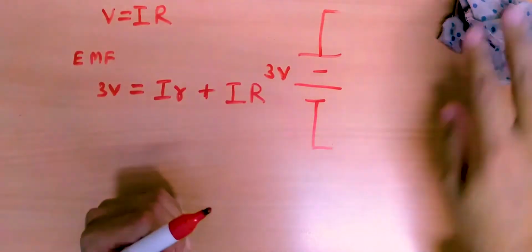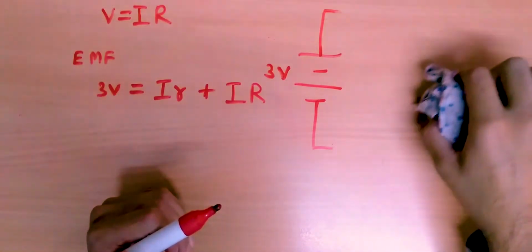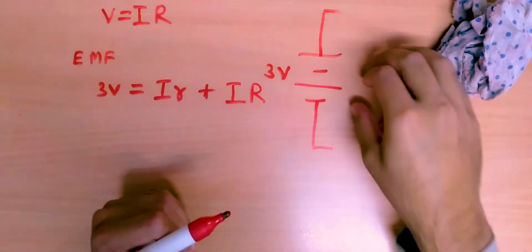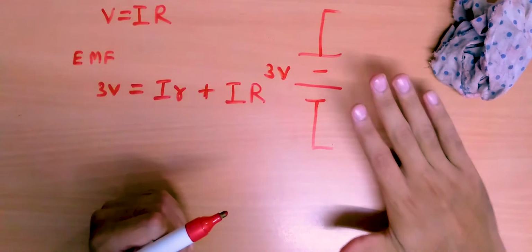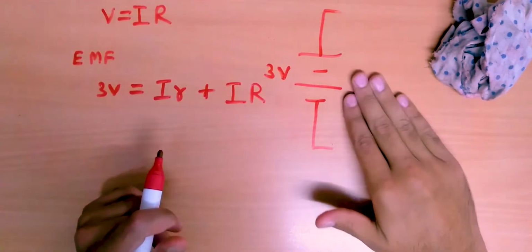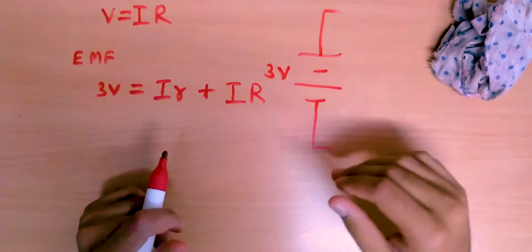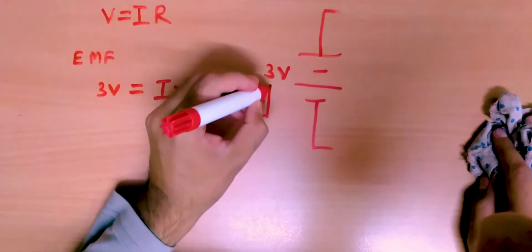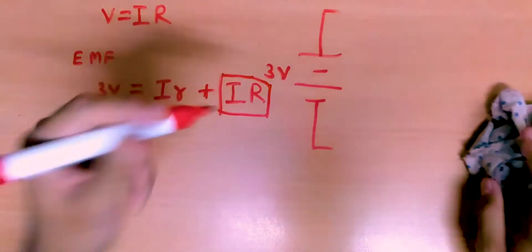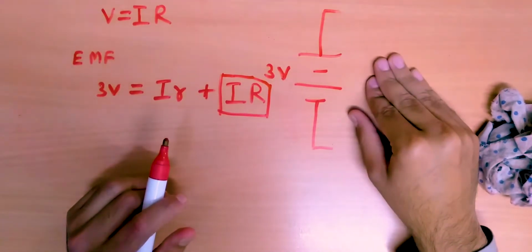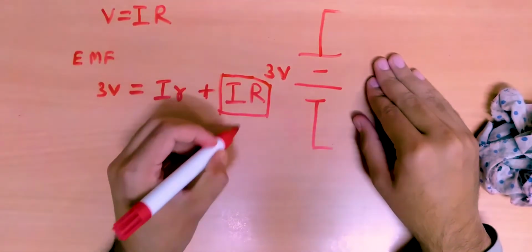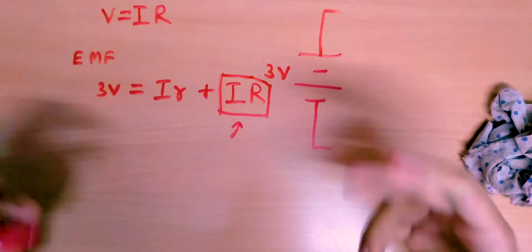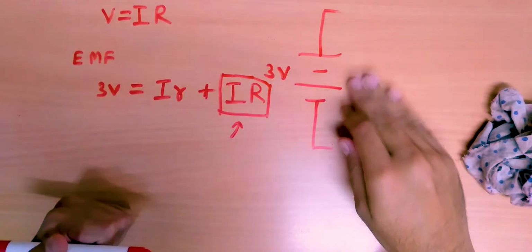So if somebody asks me how much net voltage this battery can deliver here, how will I find that out? Well, this term here tells me the net voltage that this battery can deliver. So this is the net usable voltage that I can obtain by using this battery.